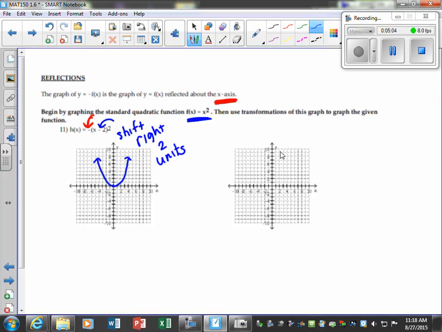And then the red part means flip, reflect. Let's see. So let me go to the right 2 first. Right 2, and then I want to reflect about the x-axis.